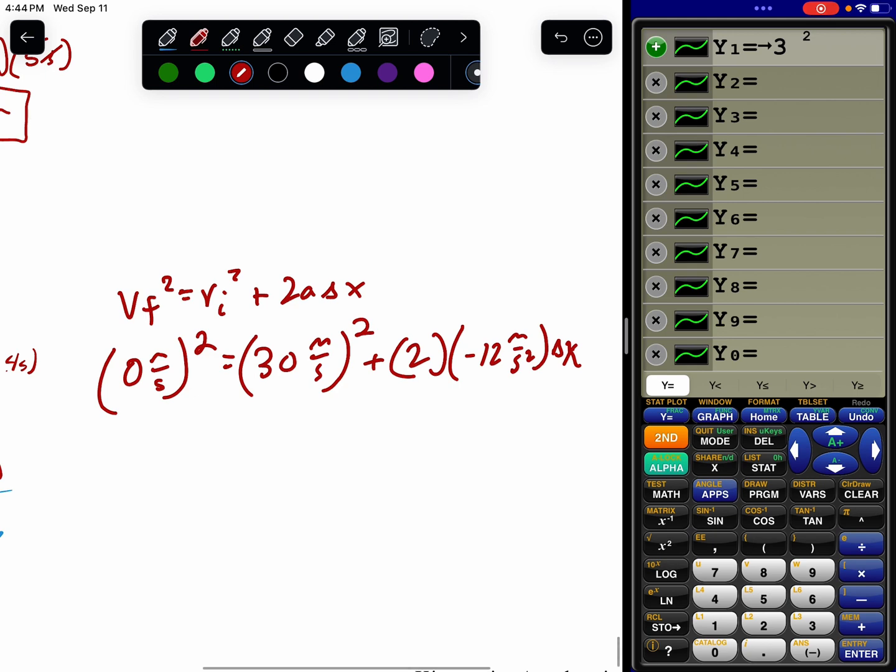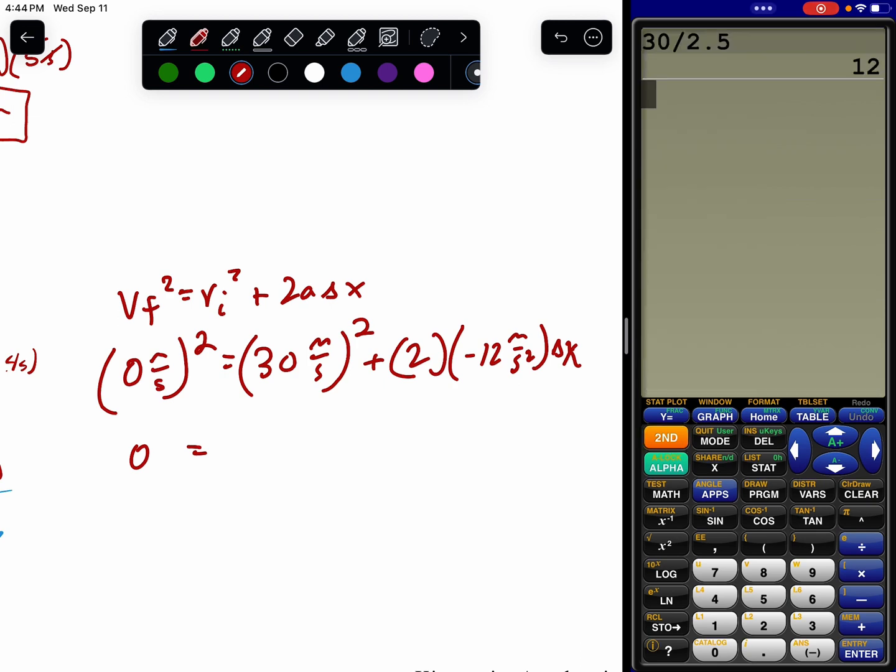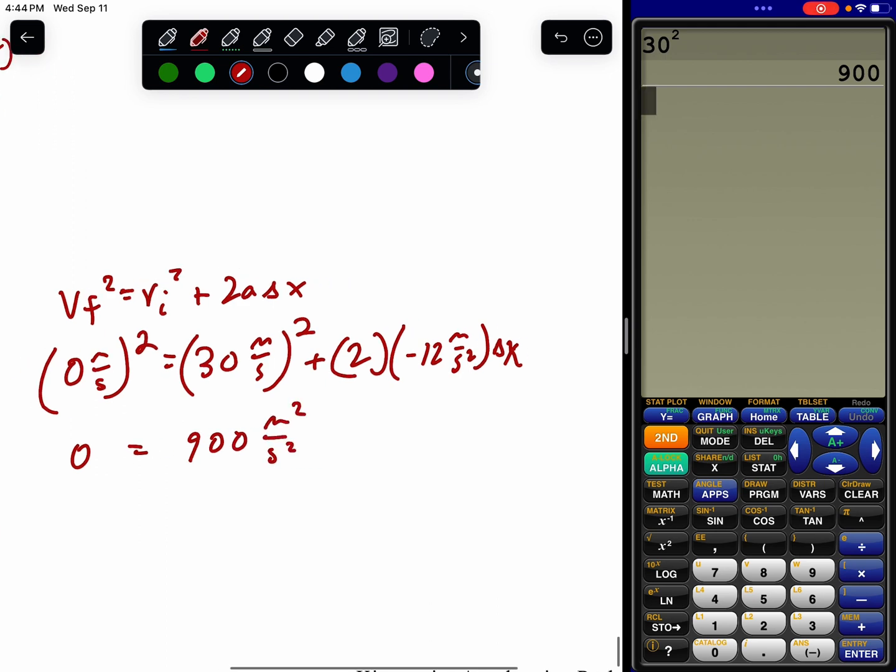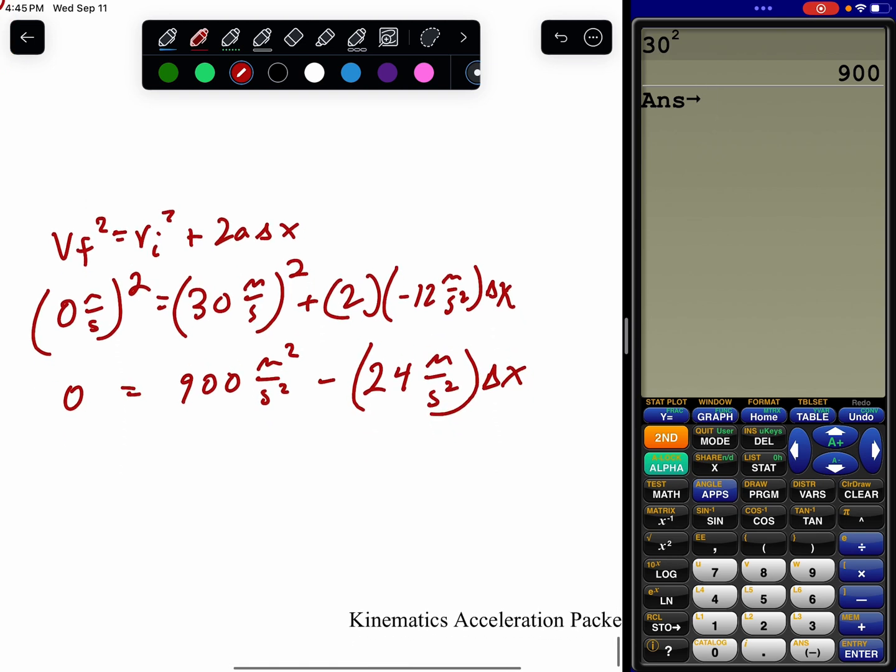Okay, let's simplify this a little bit. 0 squared gives us 0. 30 squared is going to be 900 meters squared per second squared. And then we're going to subtract, because this negative sign is going to be there, 24 meters per second squared times delta x.